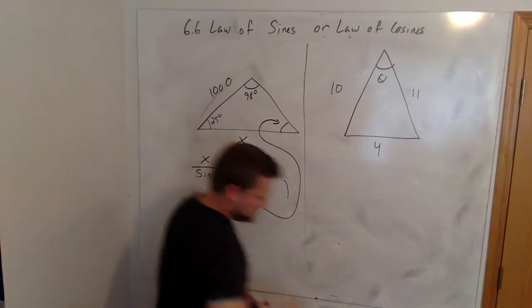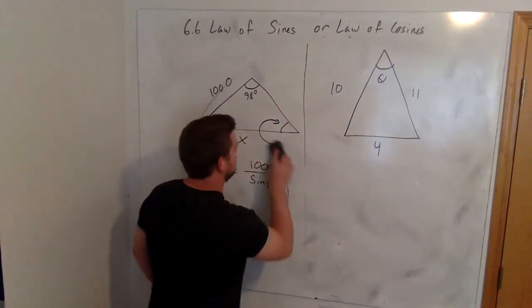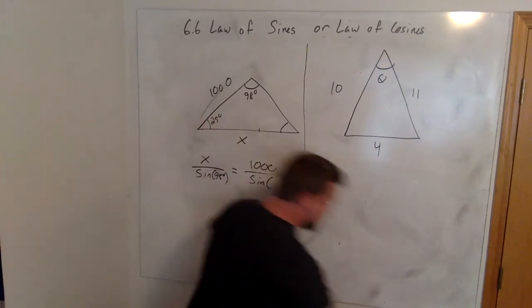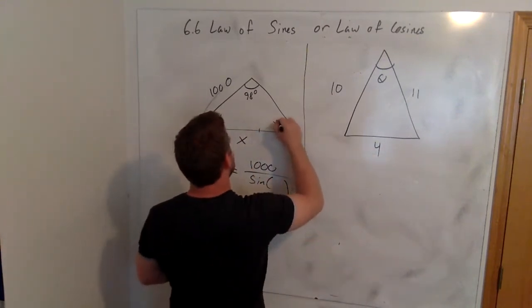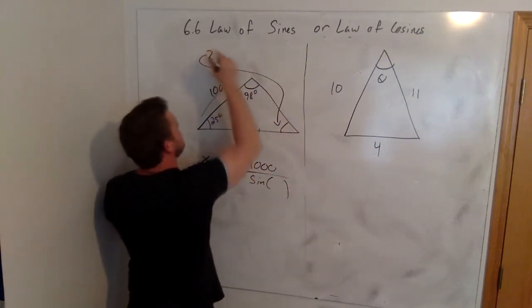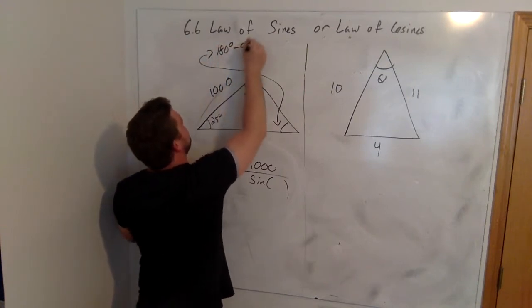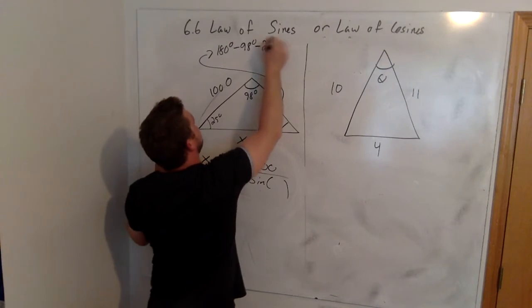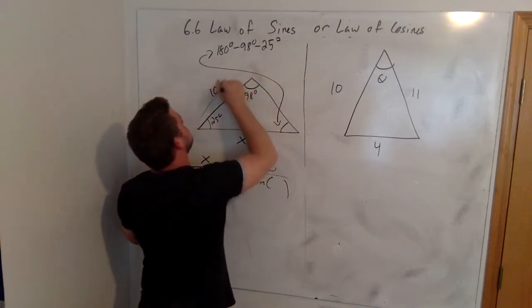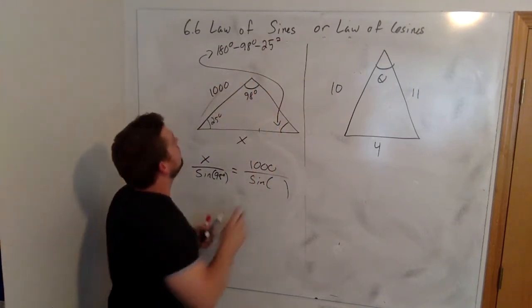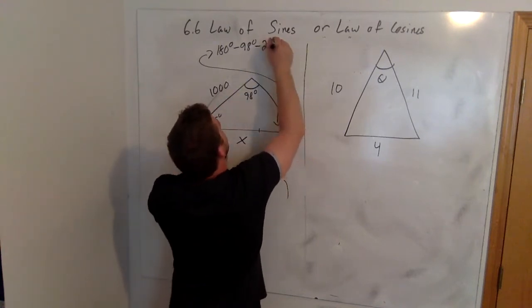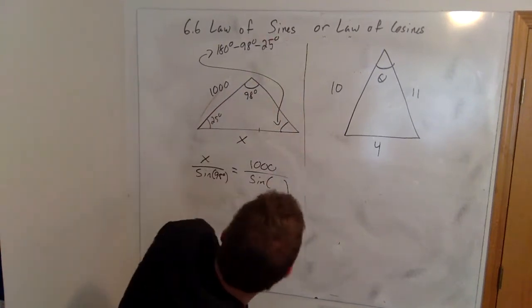So let's do it up here. Give ourselves some room down here. This angle here will be 180 degrees minus 98 degrees minus 25 degrees. Okay, so let's see what we get.